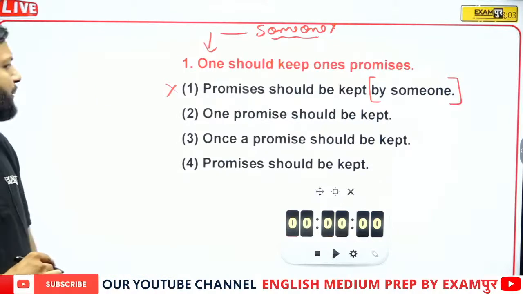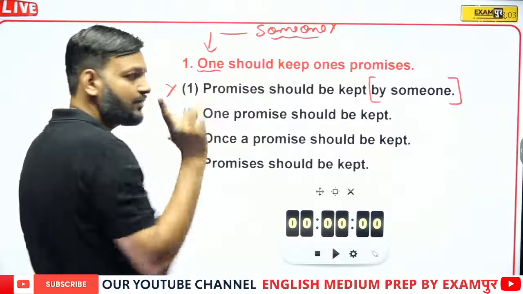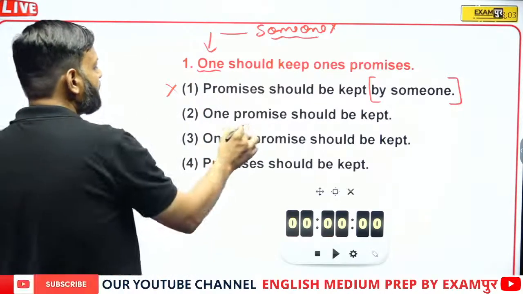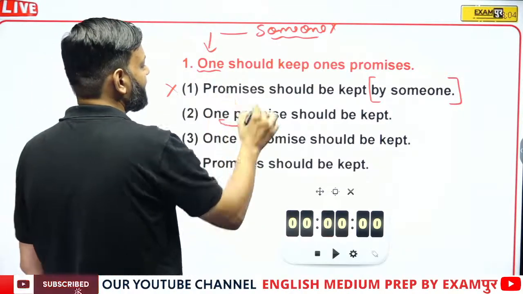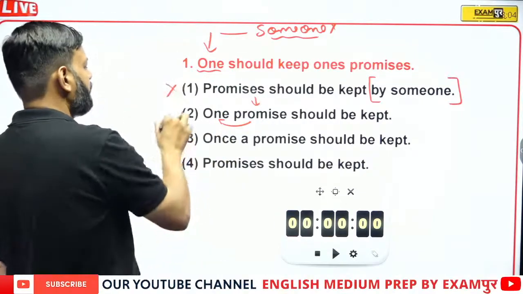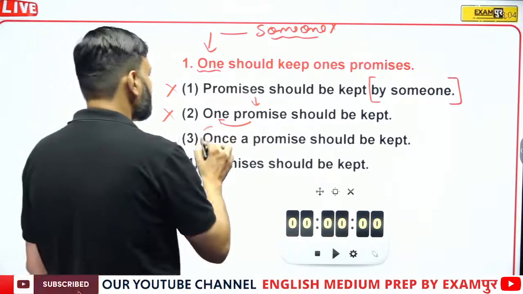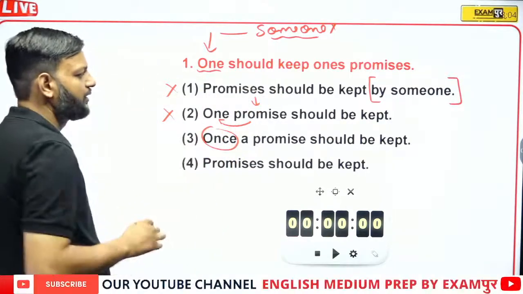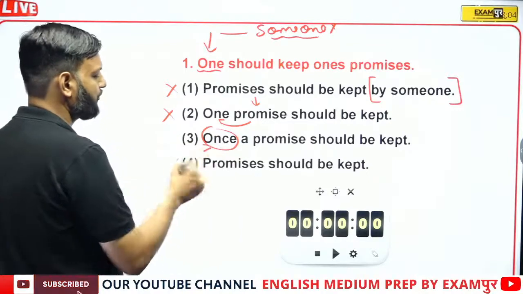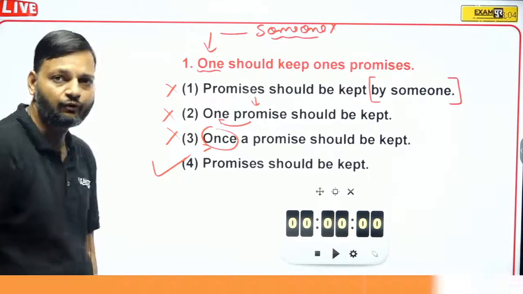One promise should be kept: here one is not the subject, it has been used as a numeral adjective for promise. This changes the meaning of the sentence, so eliminate it. Nowhere in the sentence is the word once given, so this is superfluous. Eliminate this as well, and the answer is option number 4.